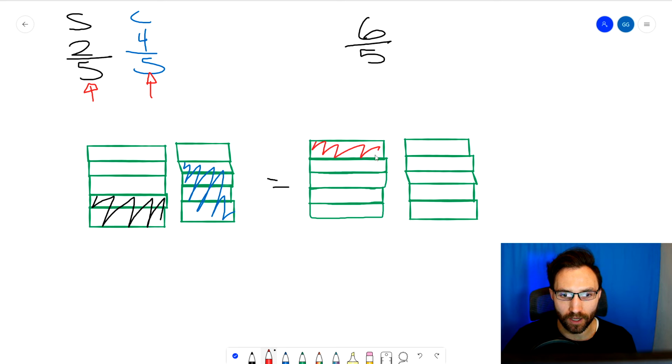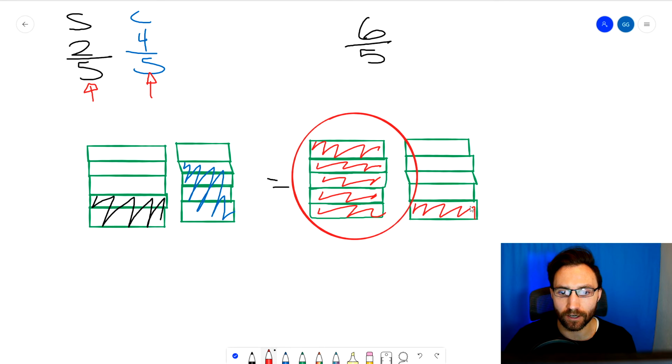We have 1, 2, 3, 4, 5, and 6/5, or that is 1 whole liter and 1/5 liter. 1 and 1/5 liters of water.